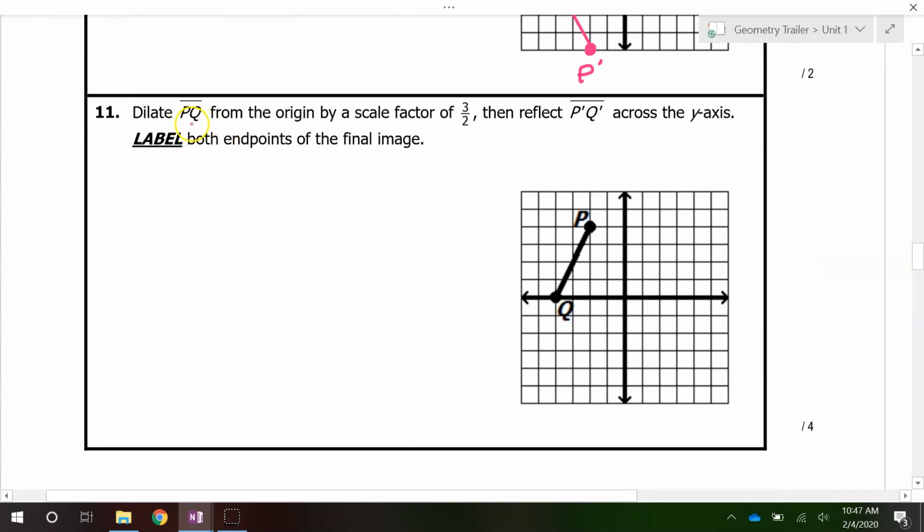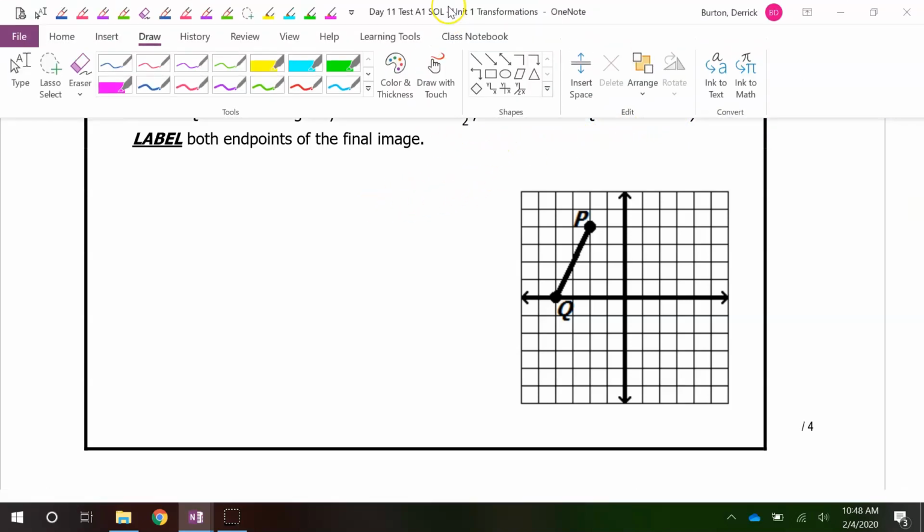Dilate segment PQ from the origin by a scale factor of 3/2. Then reflect PQ over the y-axis. So we're going to do 2 transformations in a row.